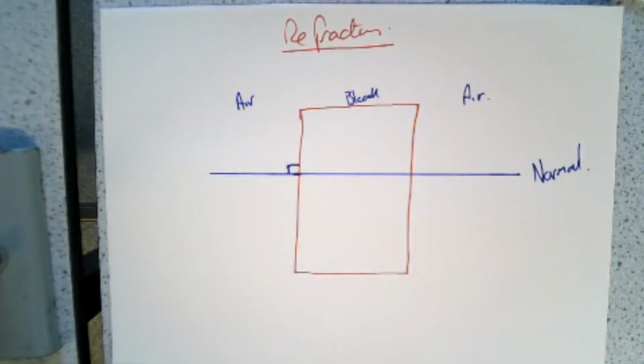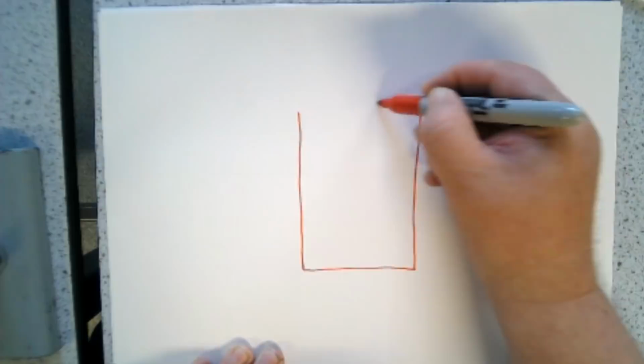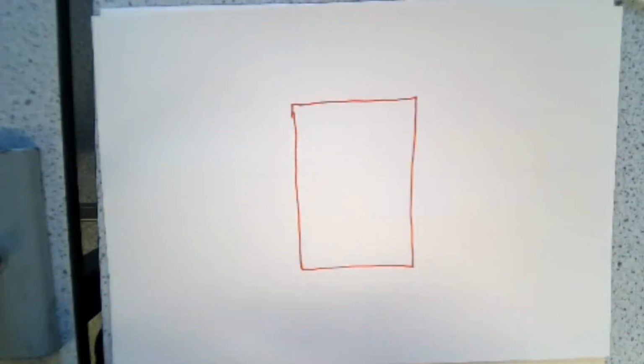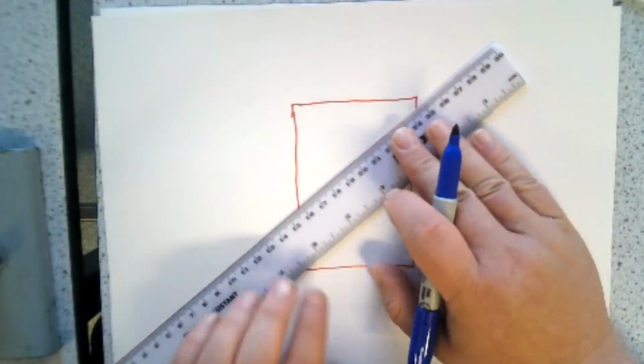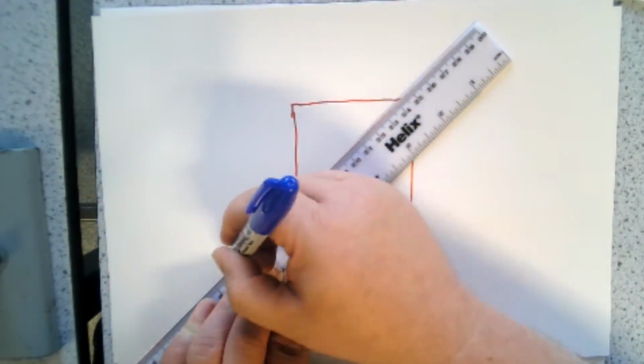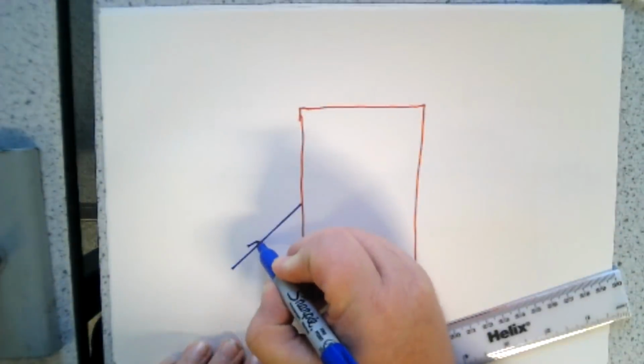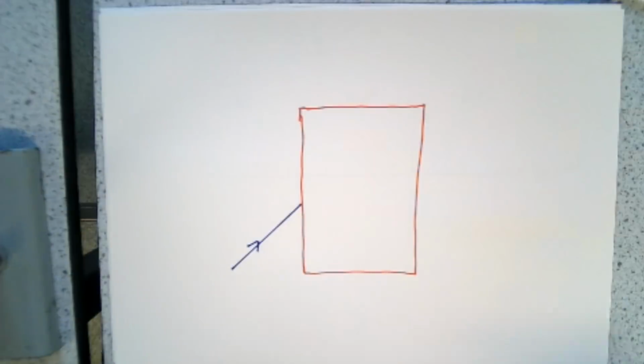However, if I actually take my glass block again, all right, and I'll draw it very quickly. And this time, the light hits the glass block at an angle, so I'm going to draw it on. So you could have a diagram like this, and it says, complete the diagram to show how the light behaves as it goes into the glass block.